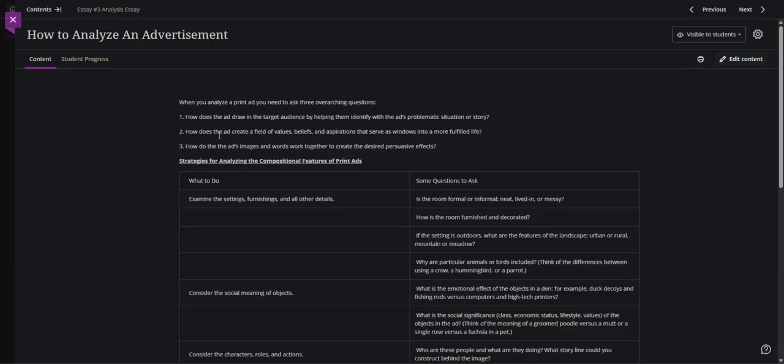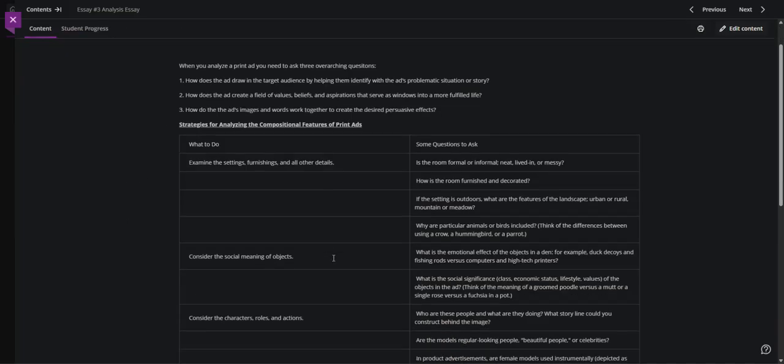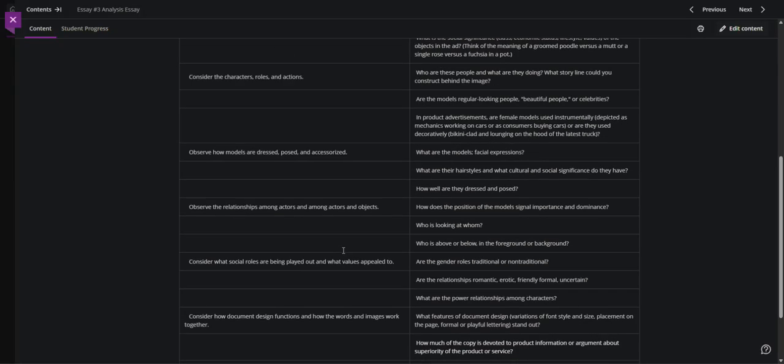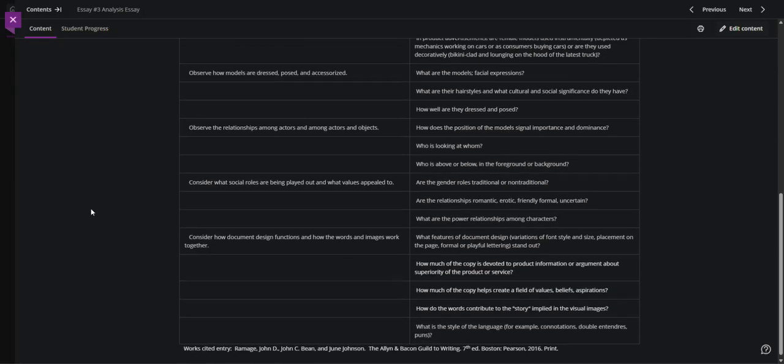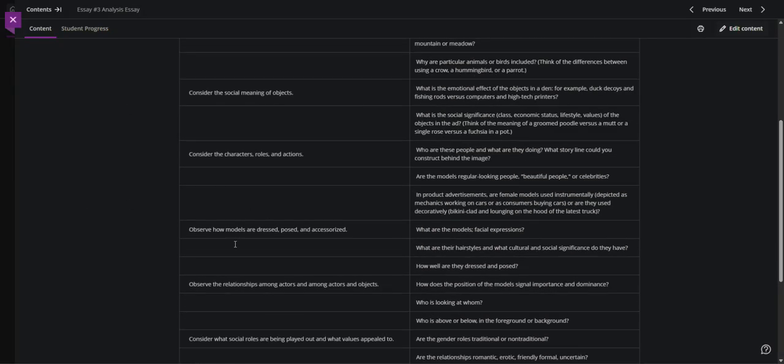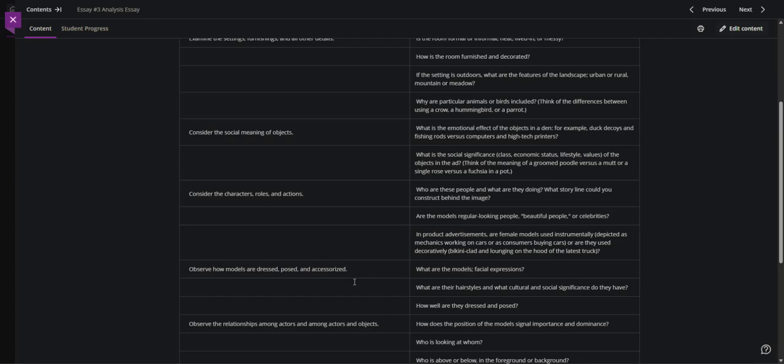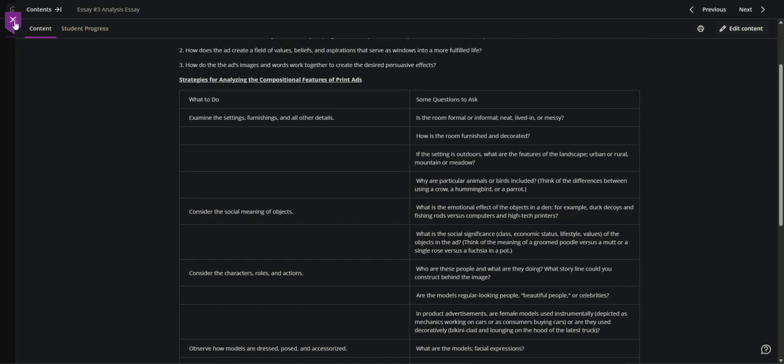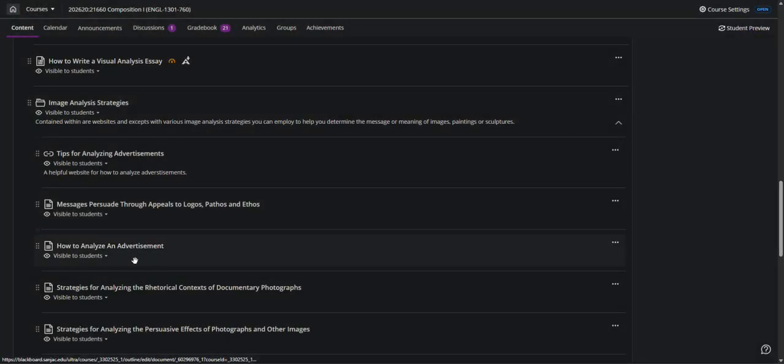How do the ad's images and words work together to create the desired persuasive effect? Questions to look at when you're looking at an ad image in particular. But again, you can apply these to just about any image. It's just different questions and things to consider when you're looking at images to try and figure out what their meaning is.